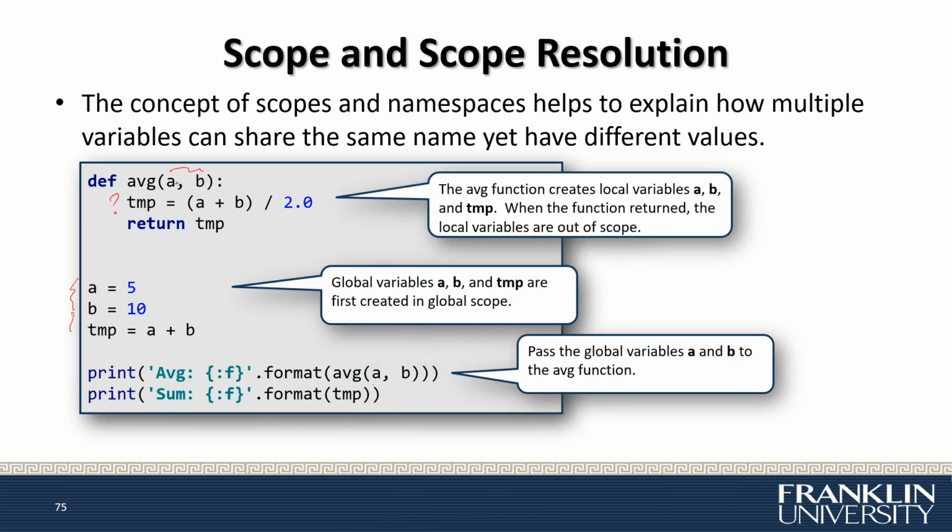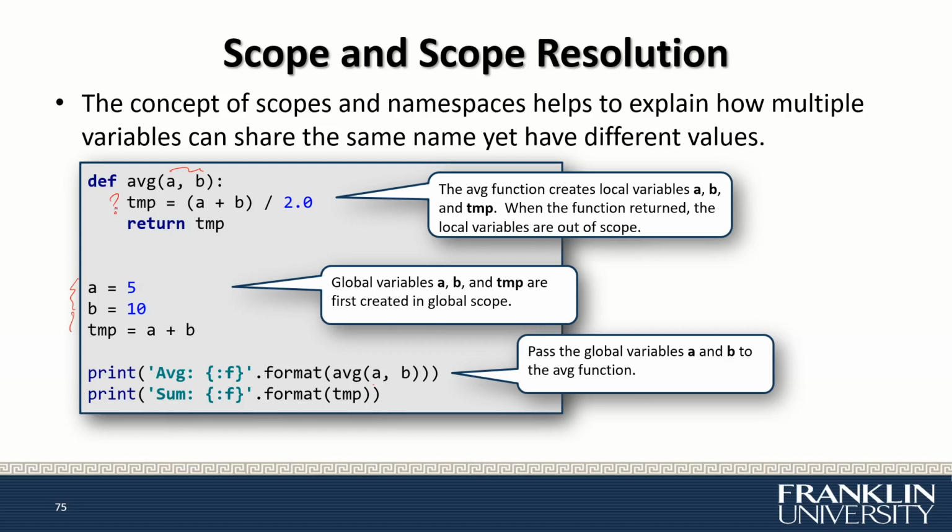Even though I have an A and B here, they are different variables. They have different variable scope. The A and B and temp in the average function are not the same A and B and temp in the global scope. They are two different variables.